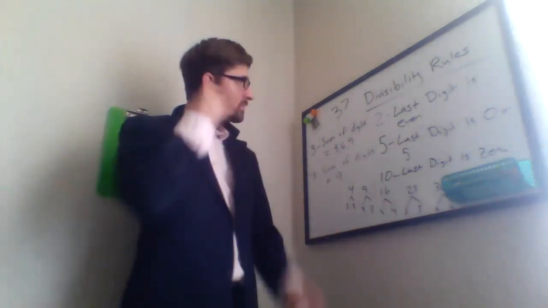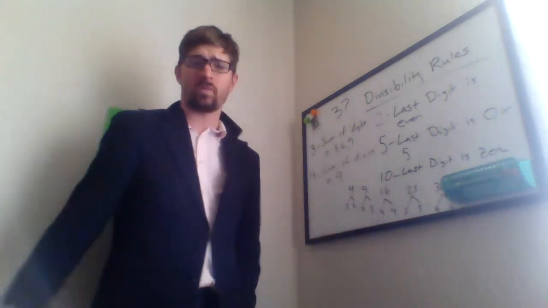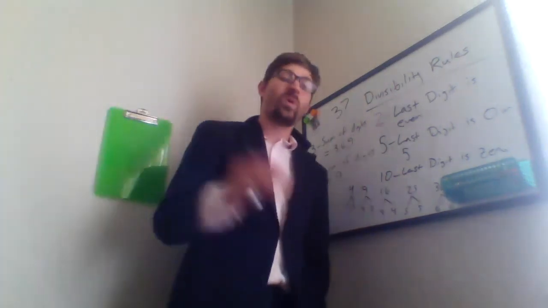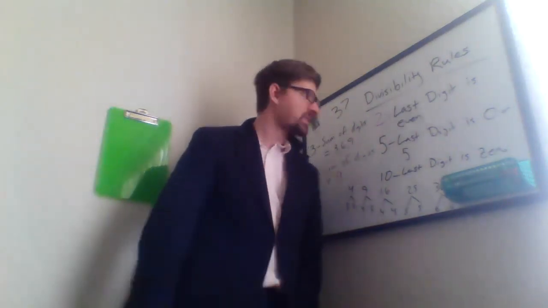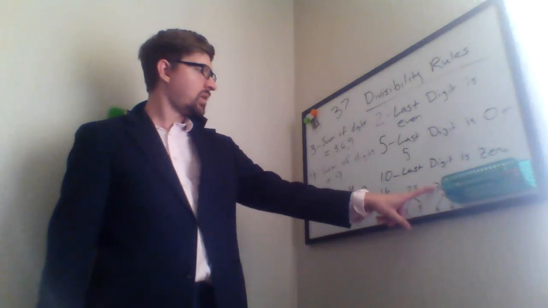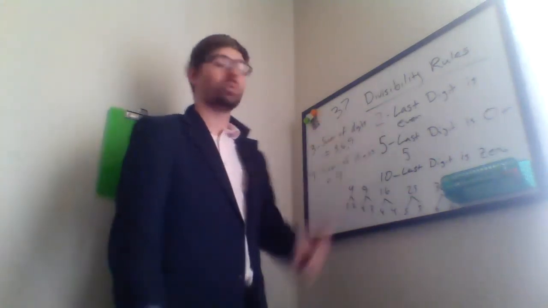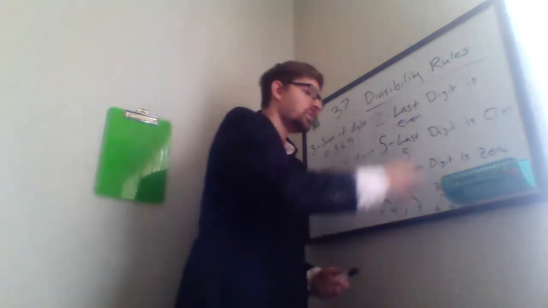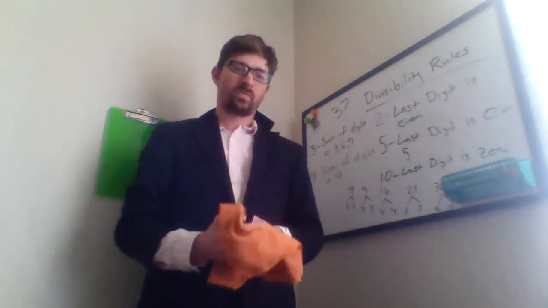Okay. 36 is really close to 37, right? Therefore, we only had to look to 6. And what did 6 give us? 36, right? Therefore, this number is prime. So now you have some additional ways of factoring numbers.